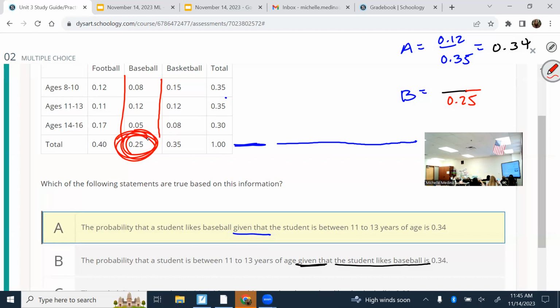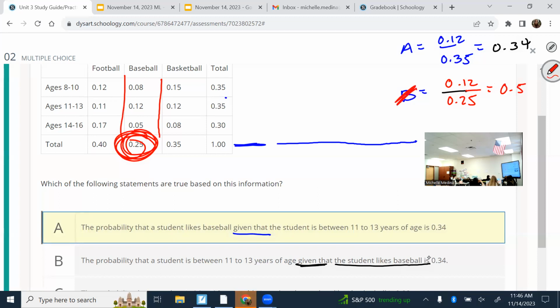No, this is my total that like baseball. Here's where it breaks down their ages. How many of them are 11 to 13? Good, so 0.12. And then you divide those. And that does not equal 0.34, it equals 0.5. So that's why B is not the answer.